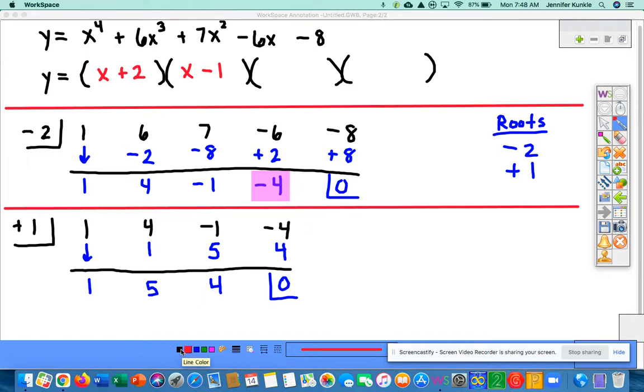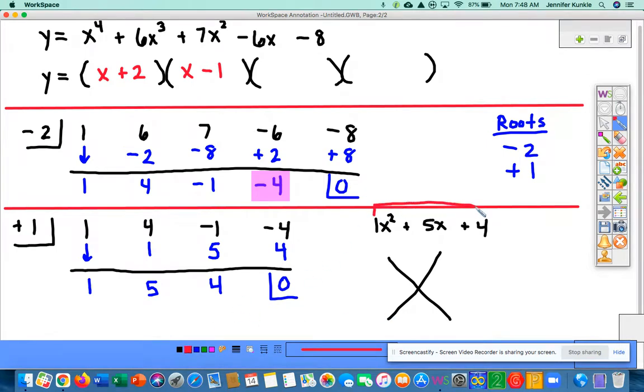All right, final step then, we've got this is 1x squared plus 5x plus 4. So let's go ahead and simplify that, or factor that, I apologize. So 1 times 4 is 4, middle term is 5. So I need two numbers that multiply to 4 and add up to 5. I think that would just be 4 and 1.